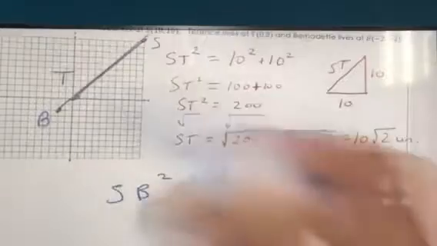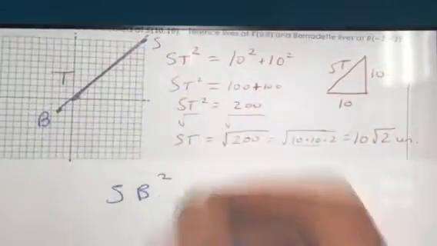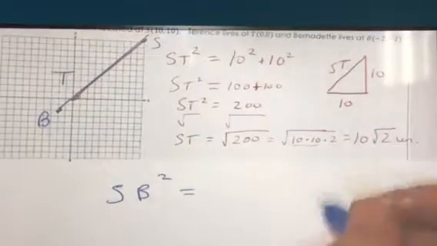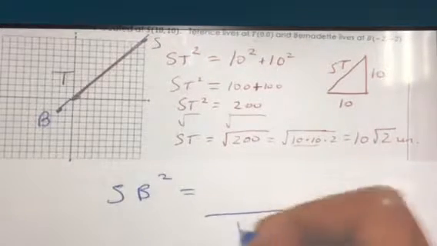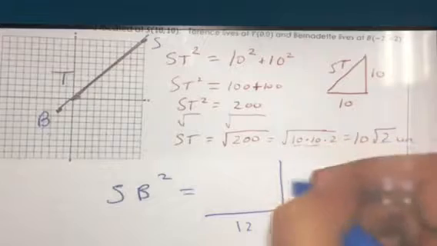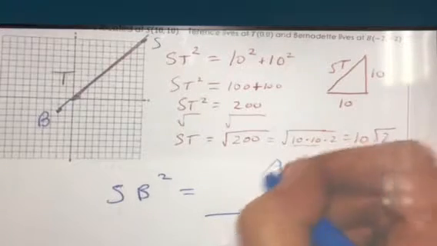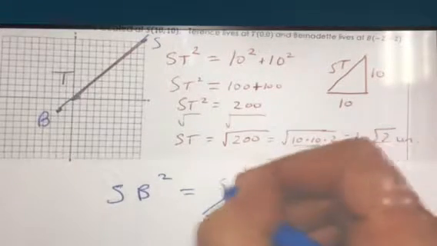So we'll say that SB squared equals, and again with SB what we have going on is 12 to the right and 12 up, and then we're trying to find out how far SB is.